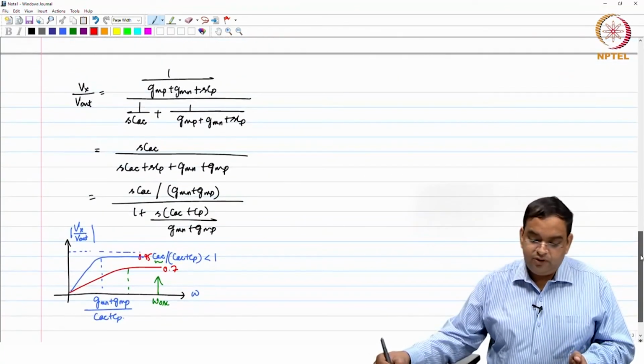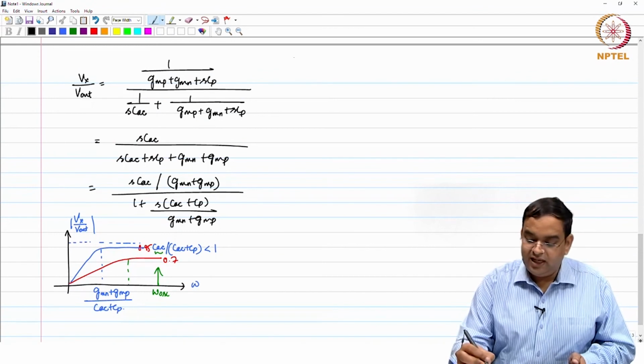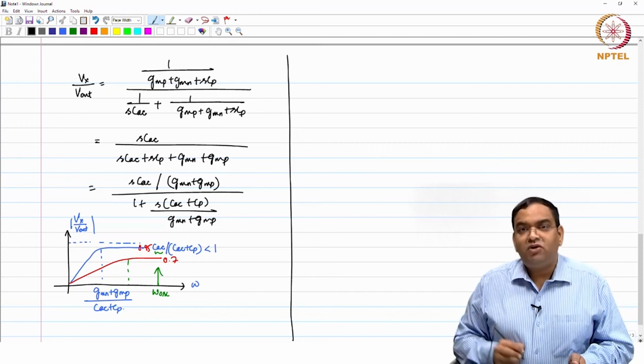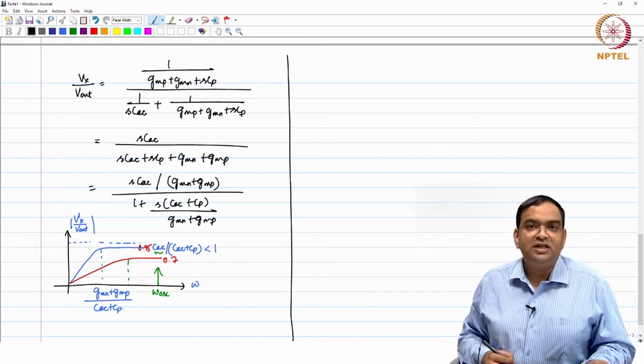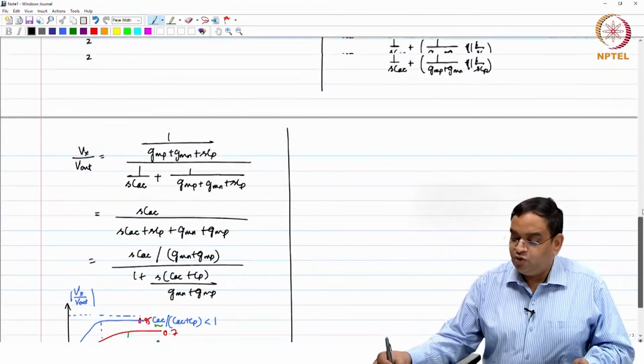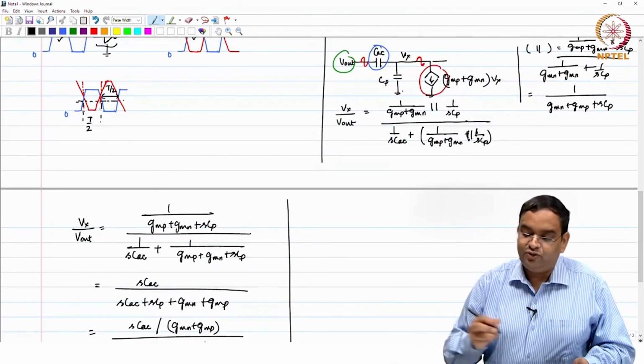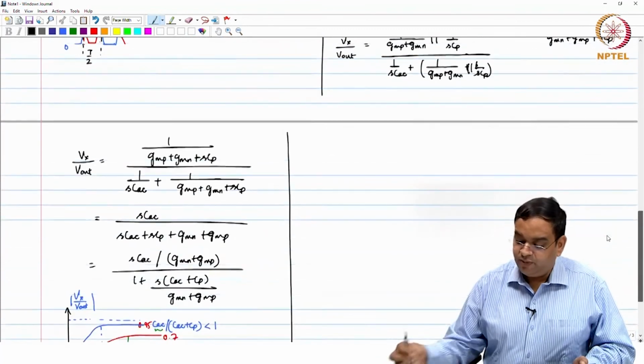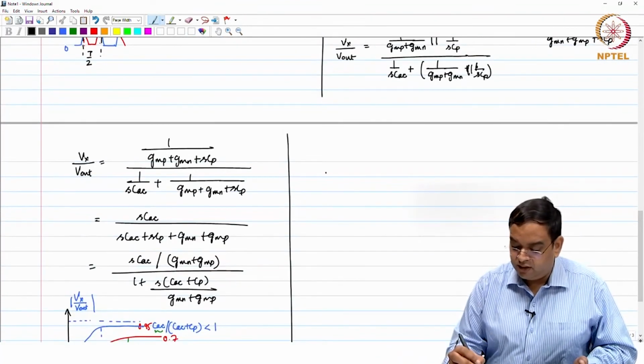Then you can ask the question, if a large CAC is something which we require, then why do I go and calculate it? I will just use a large capacitor, much larger than CP. Well, if you do that, the problem is not the amplitude, the problem will be your actual frequency itself.